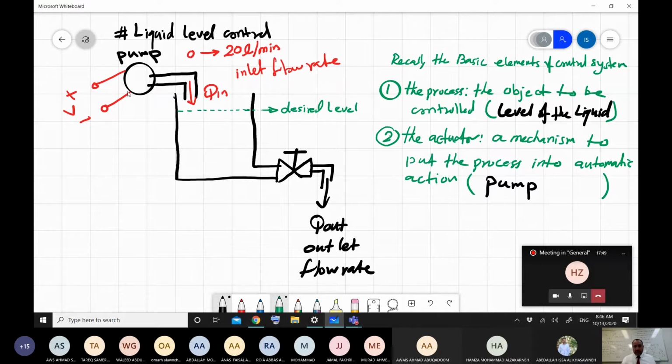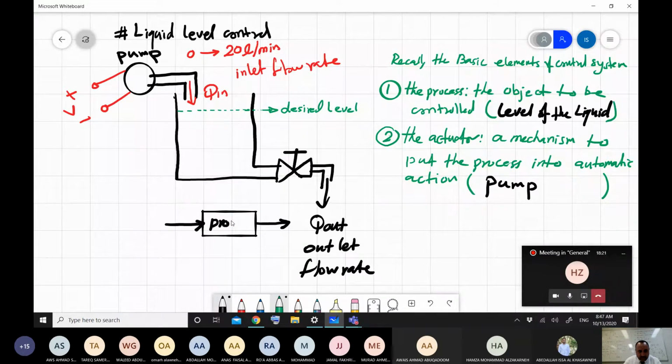Okay. So now what am I controlling? Actually, I'm controlling the process and the pump. I'm controlling the process by controlling the pump, correct? So now, if I draw a block diagram for the process, you know that the process is actually a system, which means that it has an input and an output.